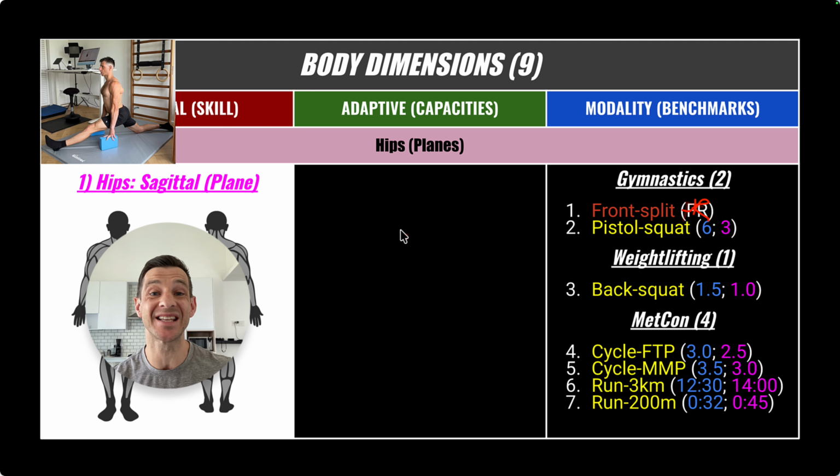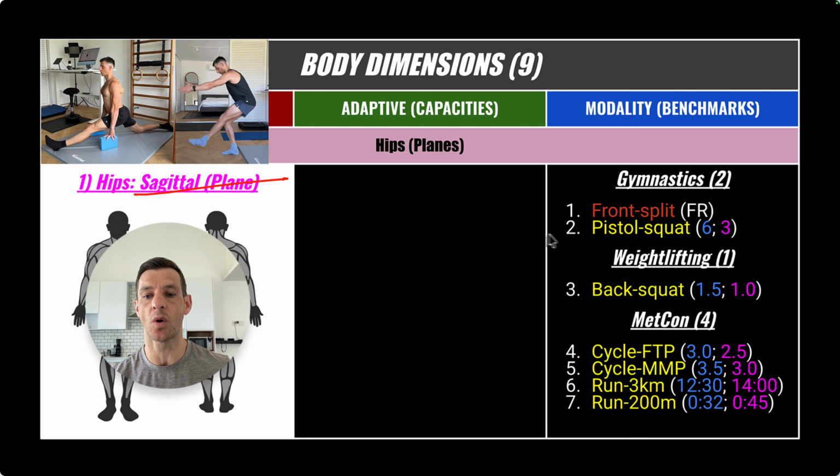And so this is a benchmark of position. You can either do it or you cannot do a front split. Here, I would get a no. I'm not there yet. But this is focusing on hip flexor and hamstring mobility, all in the sagittal plane.